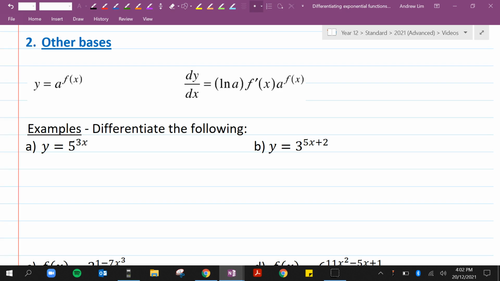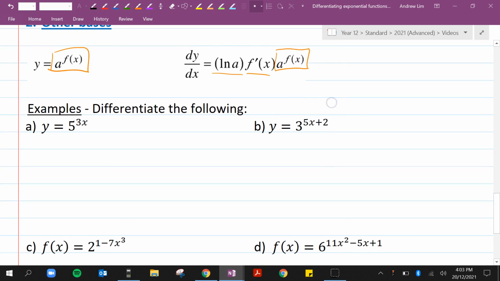So here, if we've got y equals a to the power of f of x, not e, so some number to the power of f of x, then when we differentiate it, dy/dx will be ln of a, ln of the base, times f dash of x times a to the power of f of x. So you'll notice here that this is exactly the same as that, but we've got 2 additional things that we need to add to the front: ln of the base and the derivative of the power.